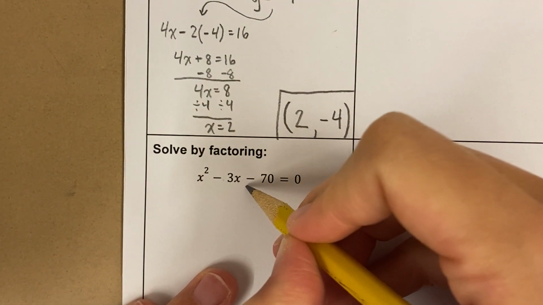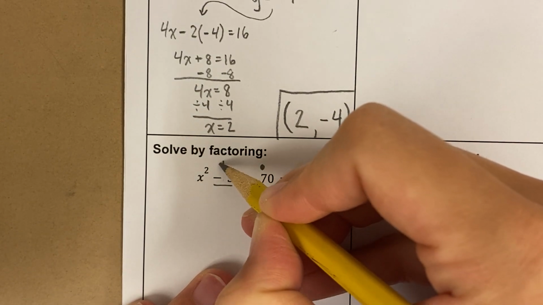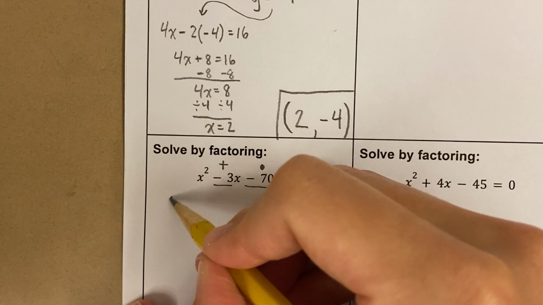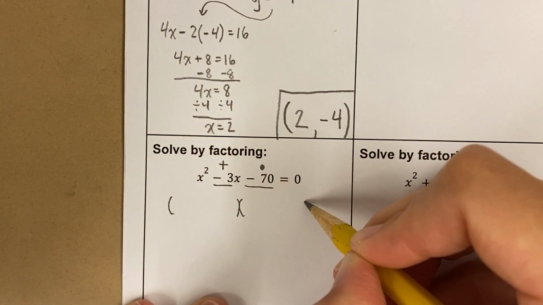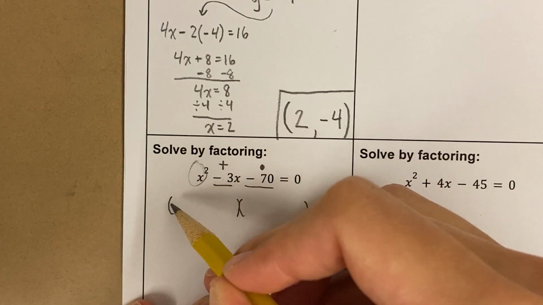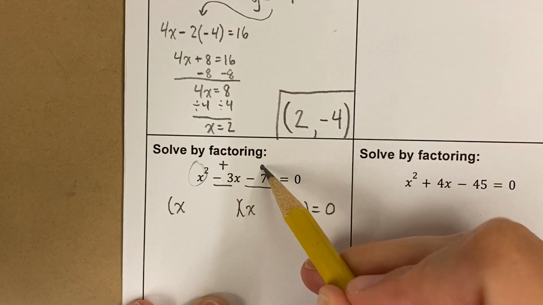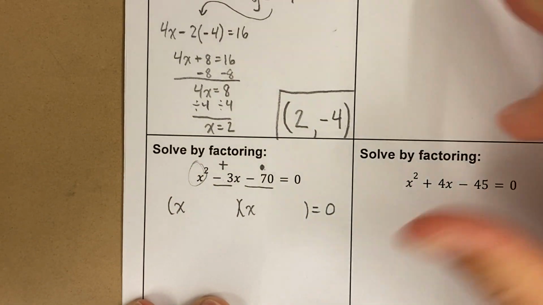I'm looking for two numbers that multiply to this and add to this. Okay, and I'm setting it up like this. Now, I notice right away, right, that this was just x squared. So this is x, right? And I just need the two numbers that multiply to this and add to this, and that's all I'm thinking about.